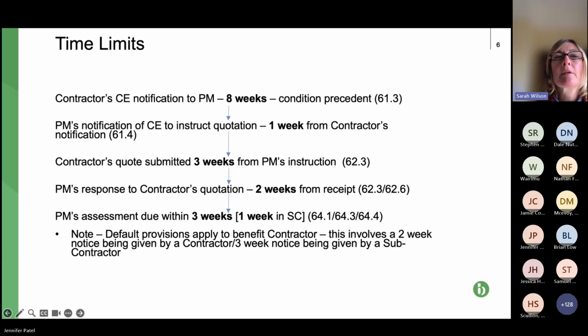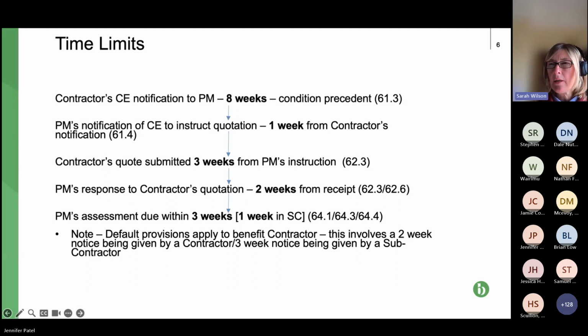So in circumstances where we've got the situation, so the second from bottom process where it says PM's response to contractor's quotation 2 weeks from receipt. So contractor's sent the quotation, 2 weeks go by and PM hasn't responded, breach of contract, but it's not a condition precedent.